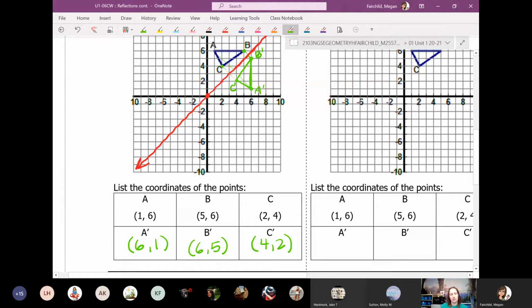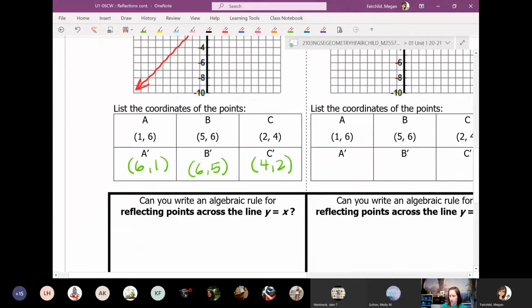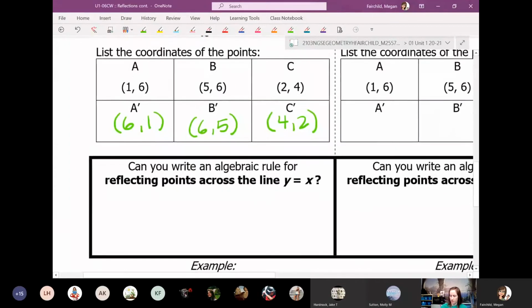So, looking at those numbers, we're going to write a rule based on what's going on there. I'm guessing you've already guessed what's happening here, right? The x value became the y value, as you can see here. And the y value became the x value.